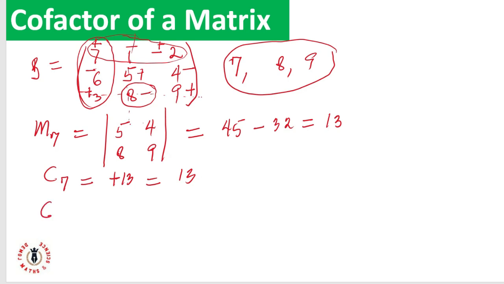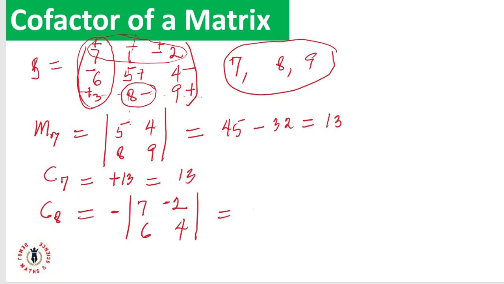So C8 will come from, let's attach the negative sign straight to the determinant of 7, 6, minus 2, and 4.